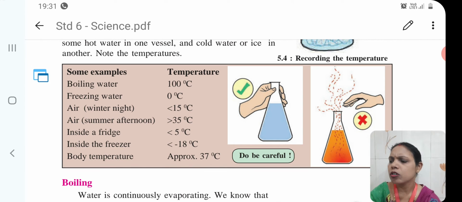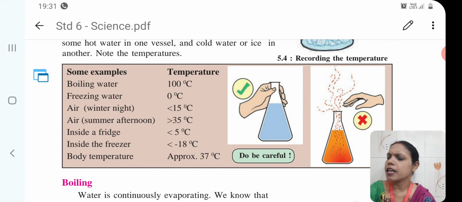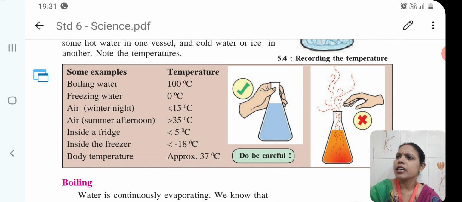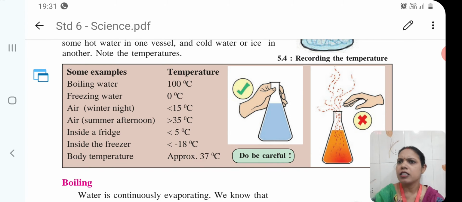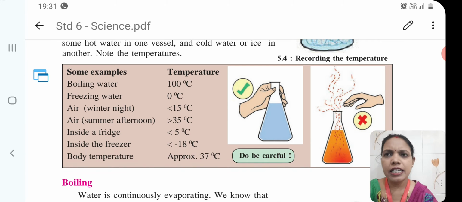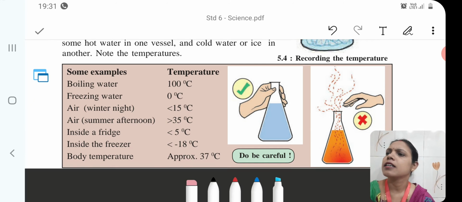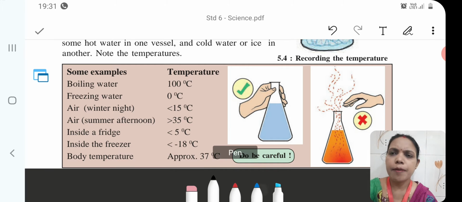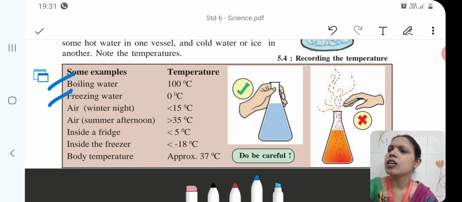Let's go through and remember this column. Here some examples are given related to our thermometer and its temperature. So children, boiling water, its temperature is 100 degrees Celsius. Freezing water, temperature is 0 degrees Celsius. Air in a winter night, less than 15 degrees Celsius.